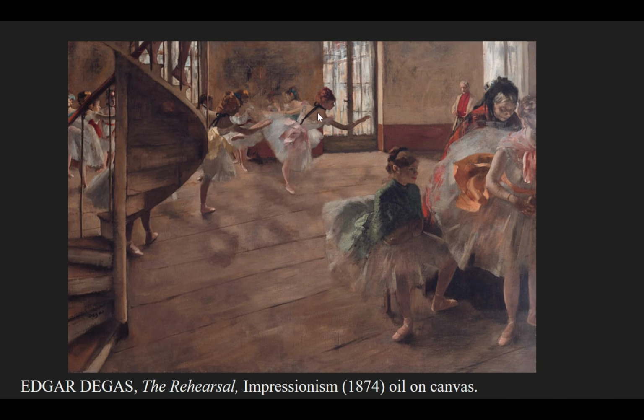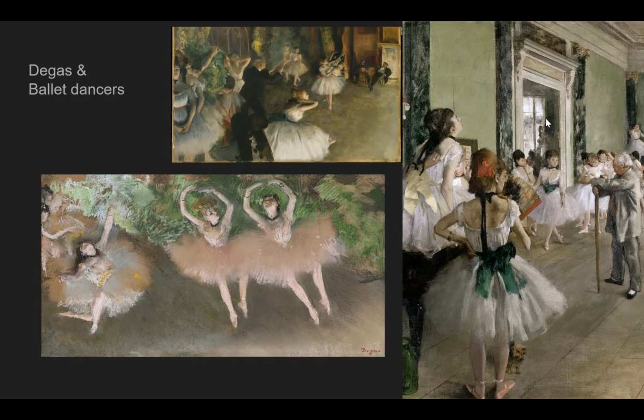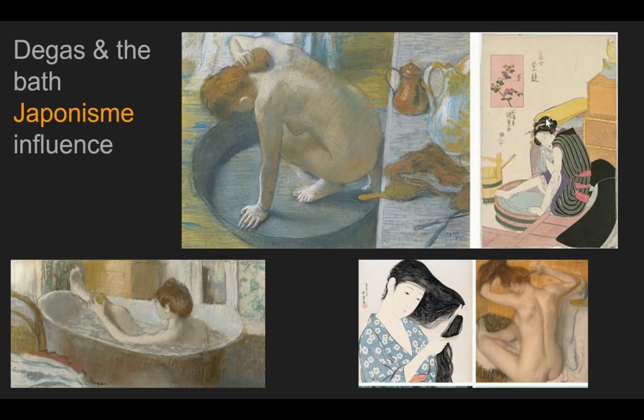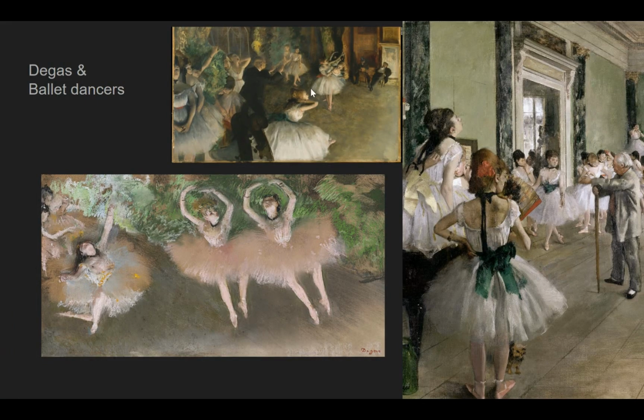We would assume that the focus would mainly be on the dancers, many of whom are blocked by this staircase. And this young girl who's getting her dress tied is also cut off. So here's where our influence of Japonisme comes in. Here's some other paintings of the ballet dancers in practice as well as on stage.